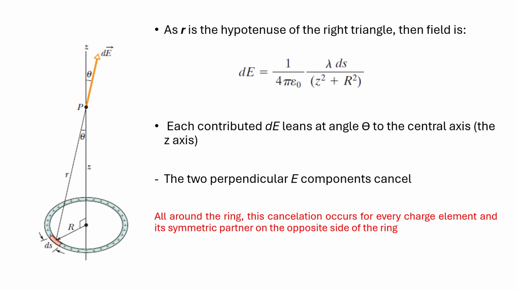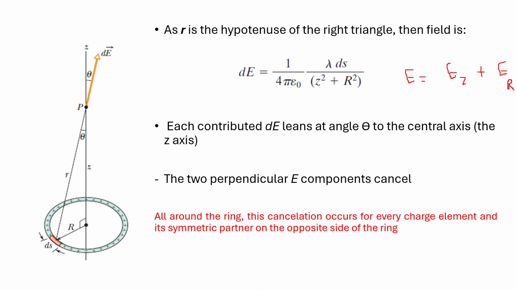Each contribution dE lies at the angle theta to the central axis. The two perpendicular components cancel each other. So you know that the E element is a combination of Ez and also a combination of Er, the electric field along the Z axis and also the electric field along the R axis.